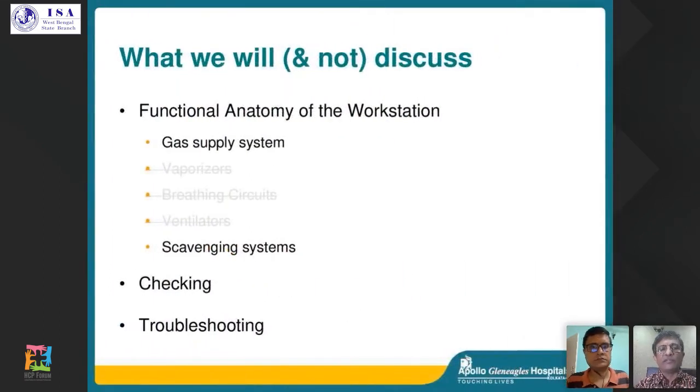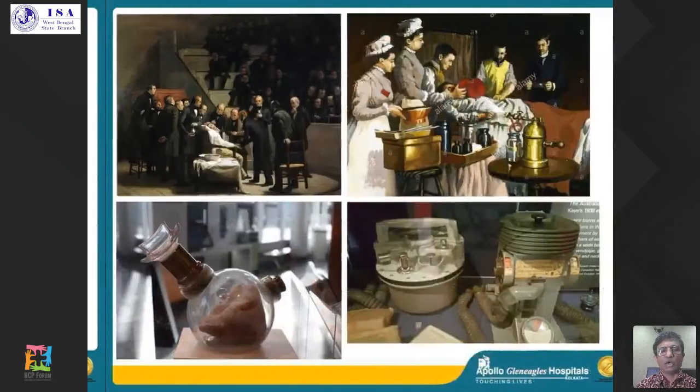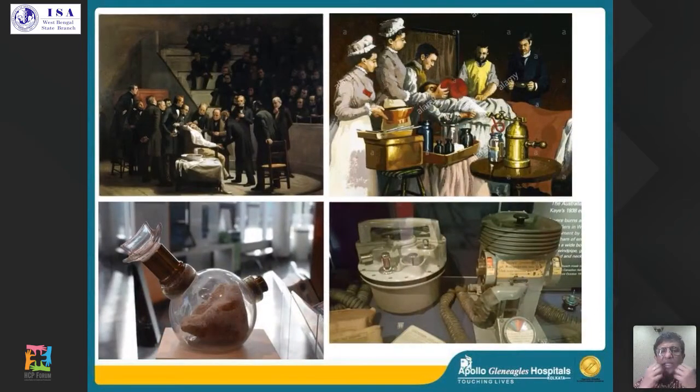But because I know that we will be dealing with this in the days to come, what I will not take up is the vaporizers, breathing circuits, and ventilators, maybe a little bit on checking, and then finally we'll end up with troubleshooting.